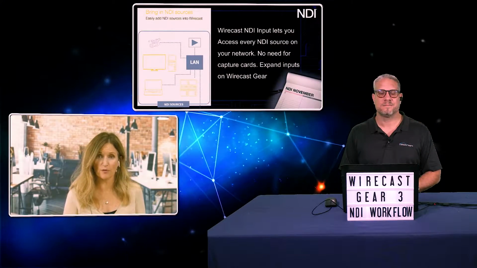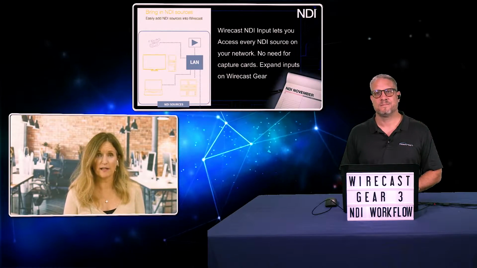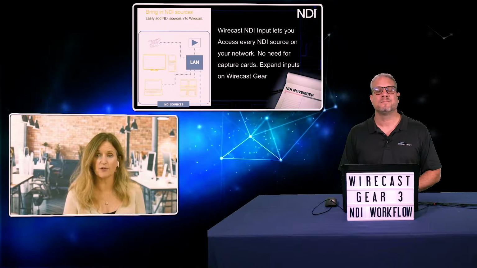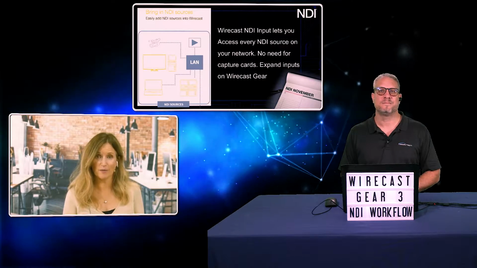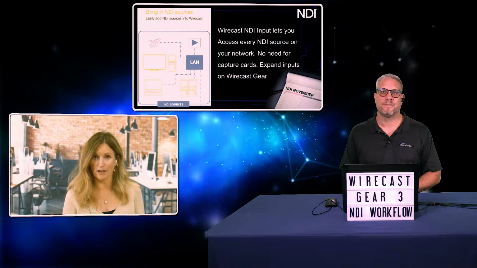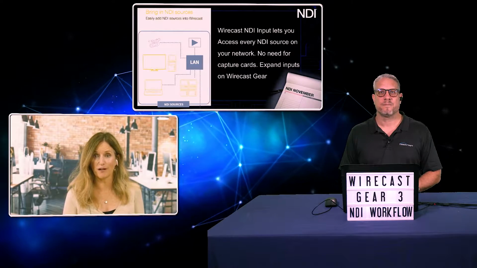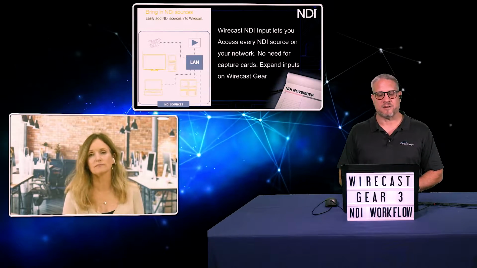Or what kind of GPU should I have to be able to process this? And so we put this together with streaming in mind. So it's optimized for streaming and it's optimized for Wirecast. So it takes away a lot of those decisions. If you need to buy hardware anyway, you might as well buy a Gear and get it optimized for what you want.